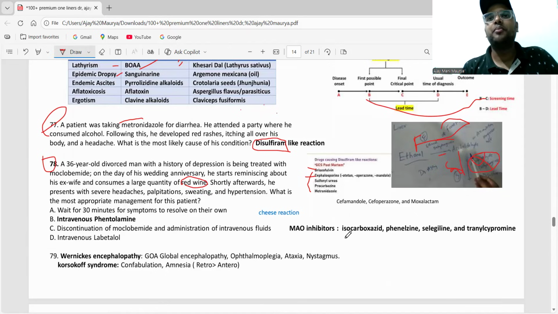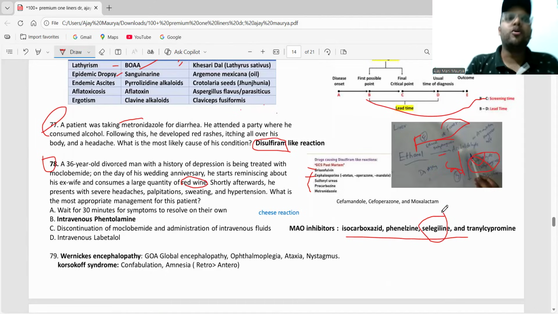Other drugs like selegiline, they are going to ask this one. Moclobemide is an antidepressant. Some antidepressants also show the cheese reaction.